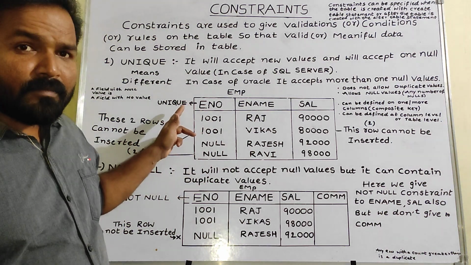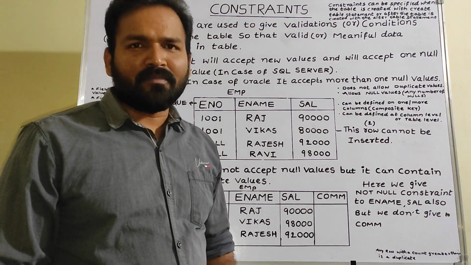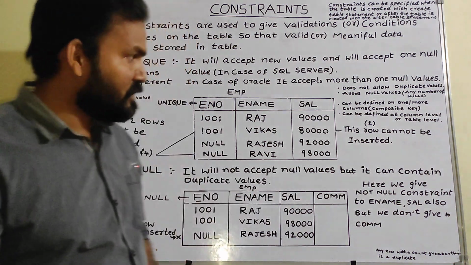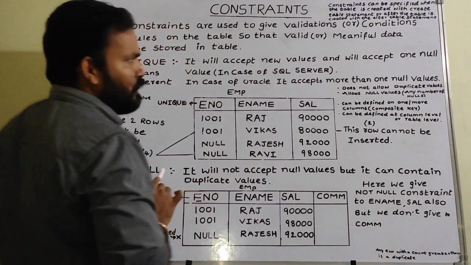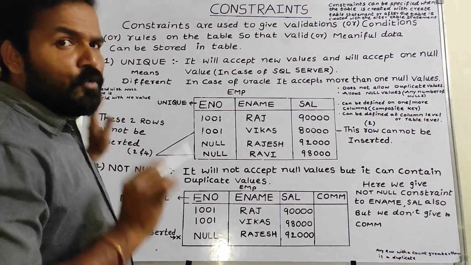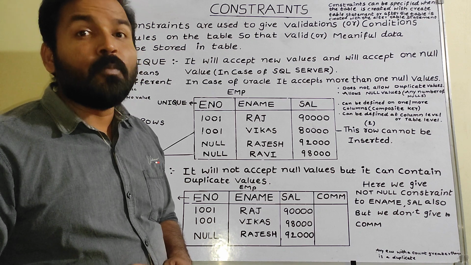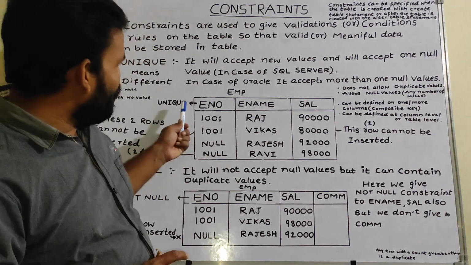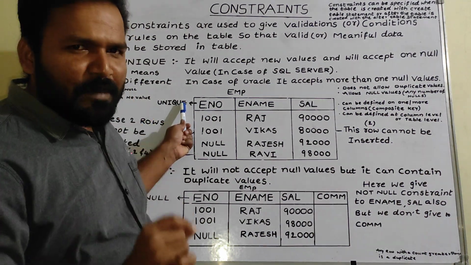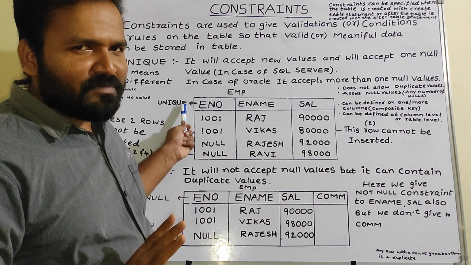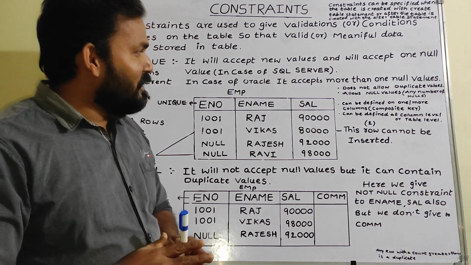So I have given a unique constraint to the employee number column in the employee table. Unique constraint will accept only new values. That means it does not allow duplicate values.